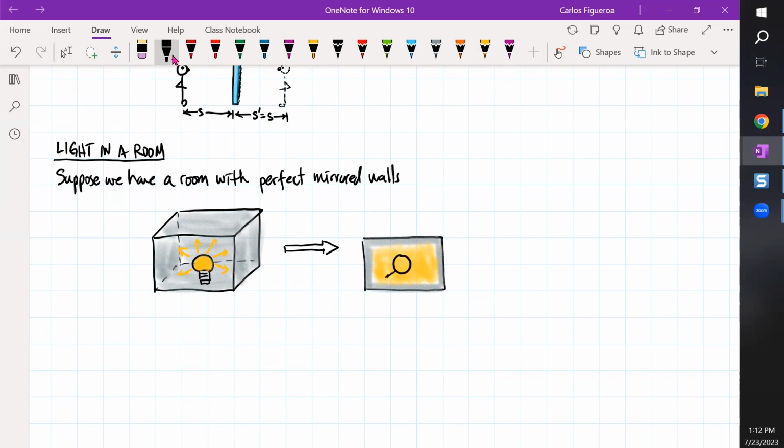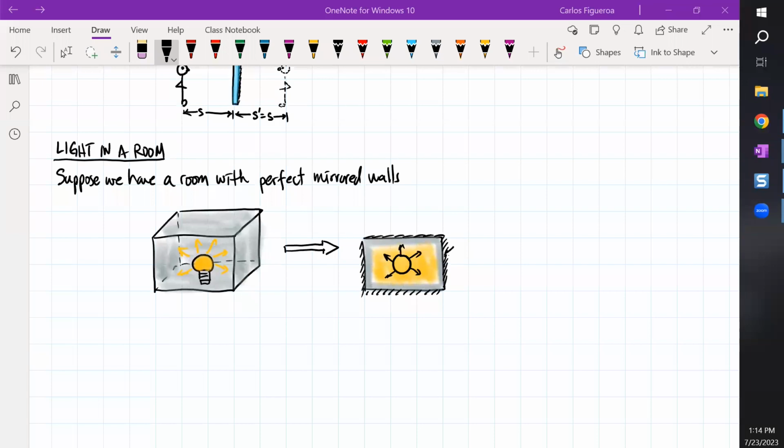And this light bulb now is just putting out light like this. So again, assuming that this is the backing of the mirror, the surface is a perfect reflector.